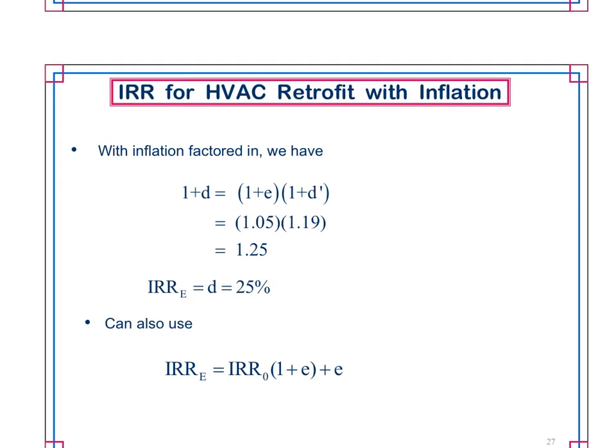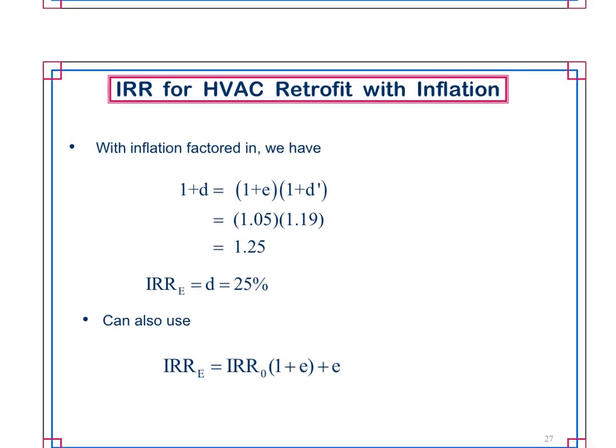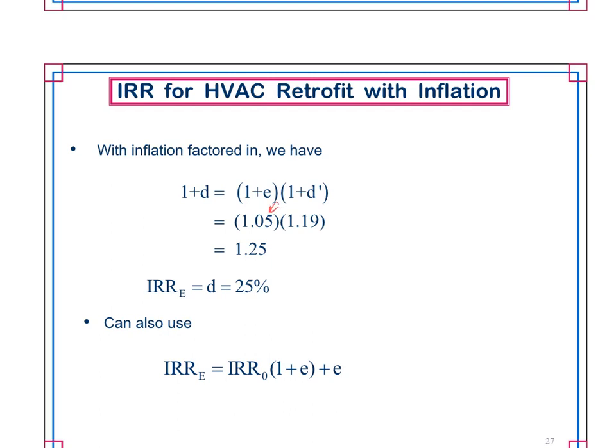Now we're going to add inflation. We want to calculate what the base value is, not the escalated value. So our 19% is what it is including escalation. Now we're going to back out what the actual discount rate is. We have our 5% escalation and our 19% inflation-adjusted discount rate.